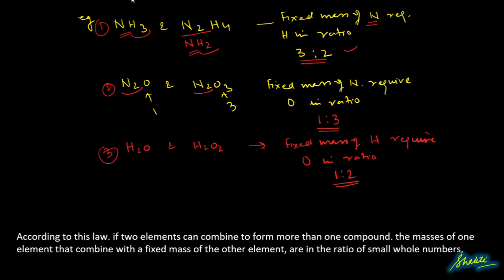And if we talk about the third example, H2O and H2O2, hydrogen, H2 has the fixed mass, whereas the oxygen ratio is 1 is to 2. So according to this law, we can say if two elements can combine to form two or more compounds.